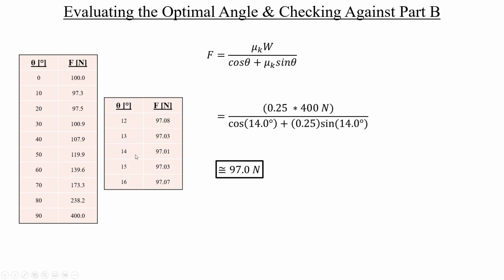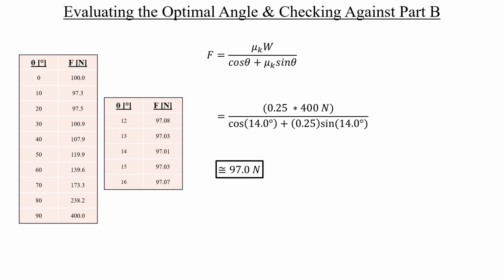Here I've taken 2 degrees above and below 14 just to be sure. And there's an extra significant figure in the force column this time because if we only used 3 significant figures, all you would see is 97, 97, 97, all the way down, and that wouldn't be very helpful.